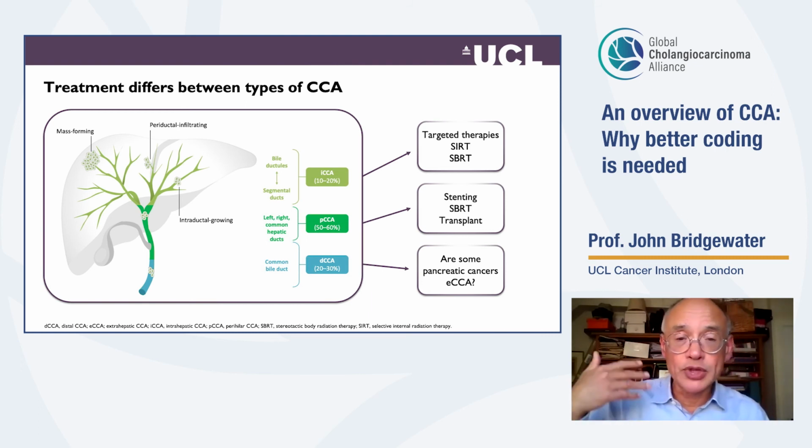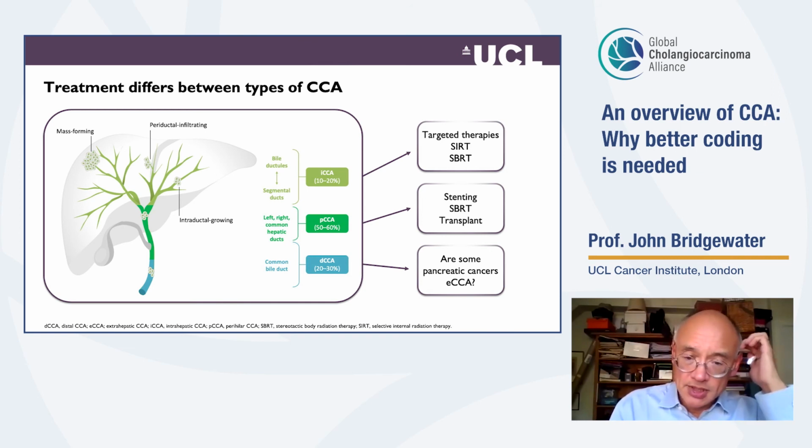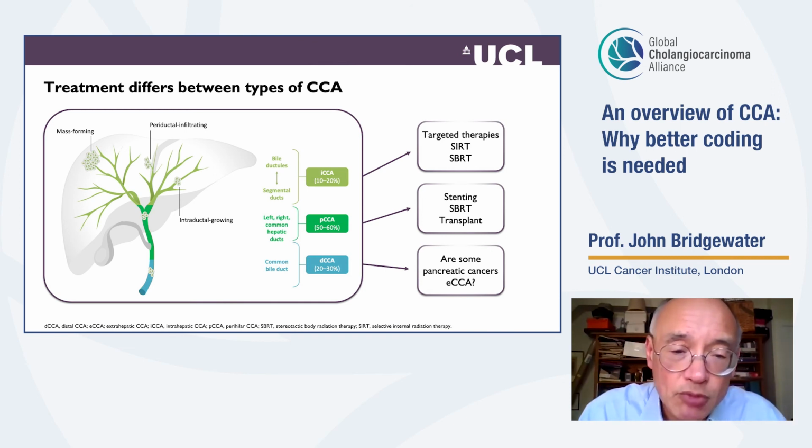And then finally, with the extrahepatic cholangiocarcinomas, we have a slightly different problem in that some of these patients present with a lump in the pancreas and a metastasis in the liver, and what normally happens is that the liver is biopsied, because actually that's probably an easier place to biopsy than the pancreas, and these patients are almost inevitably called pancreatic carcinoma patients.